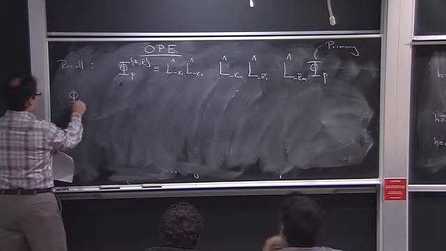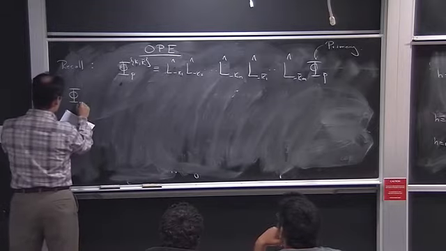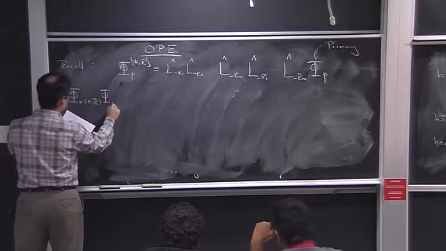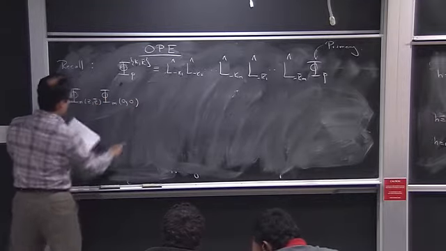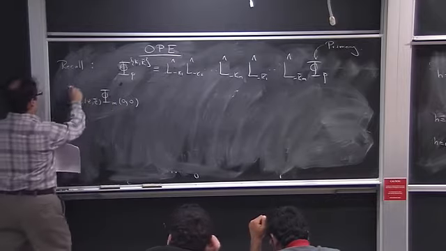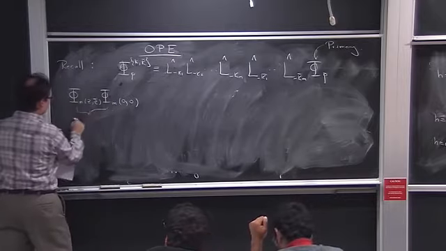Now, when we consider the OPE of two primaries, for simplicity, I'm going to put this primary at 0, 0. Again, these two are primaries.